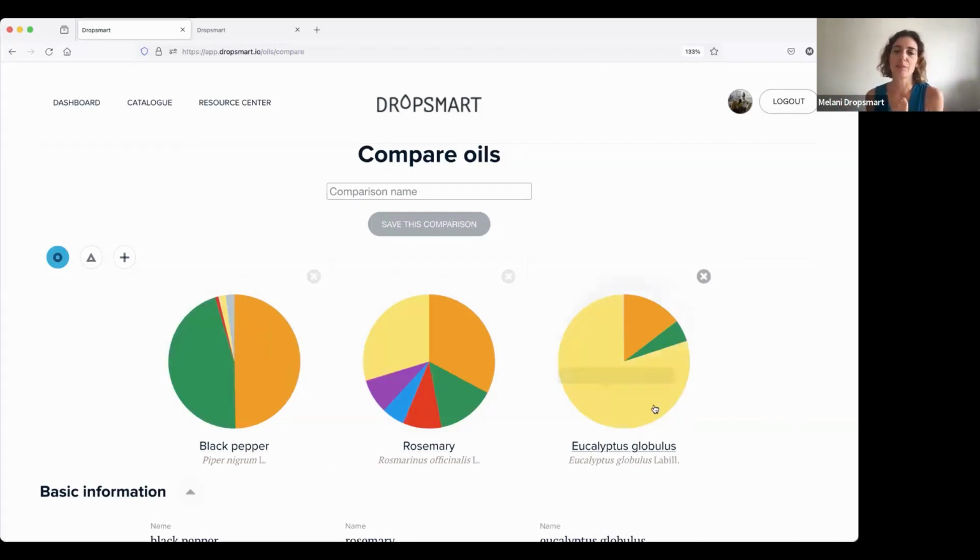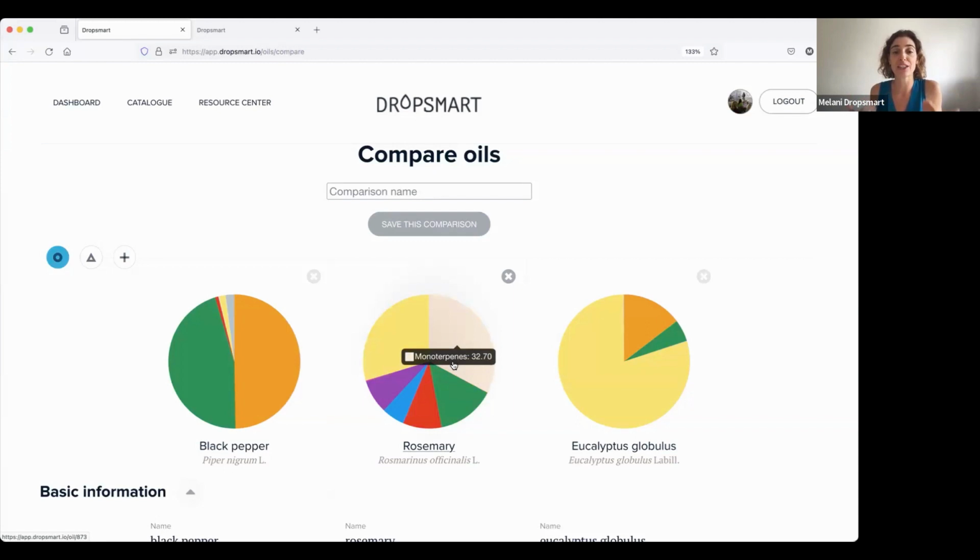I know that eucalyptus globulus is like 75% 1,8-cineole, so I know exactly what I'm getting when I'm using it. And it's so much easier to blend eucalyptus globulus than rosemary, because whatever I blend with rosemary, it's just so many things that are already happening there. So I like both of them, but just ask yourself, does it make sense to blend rosemary?